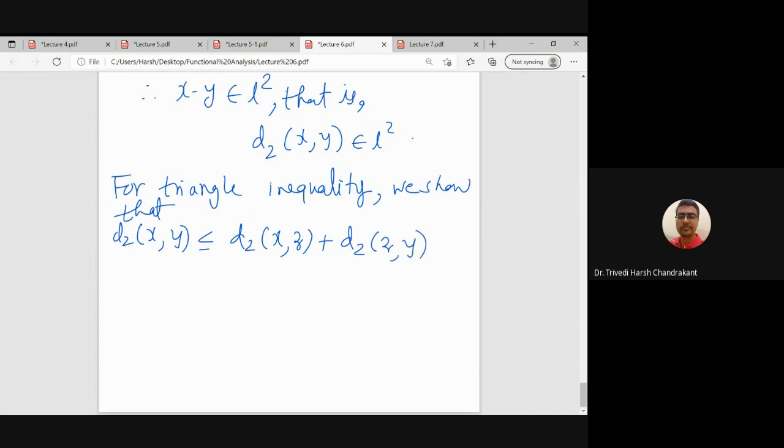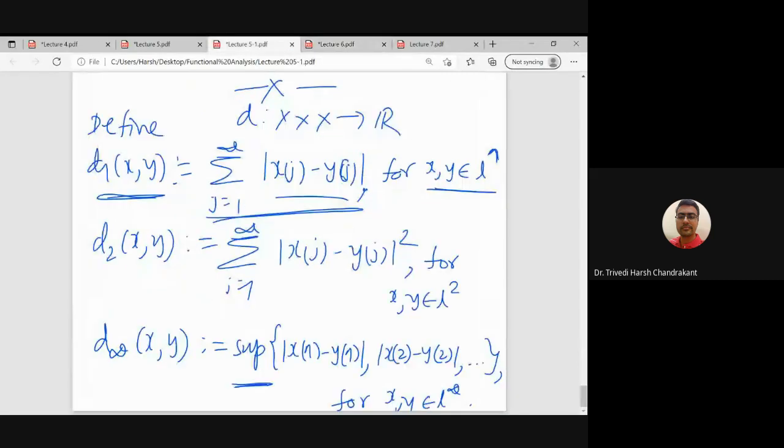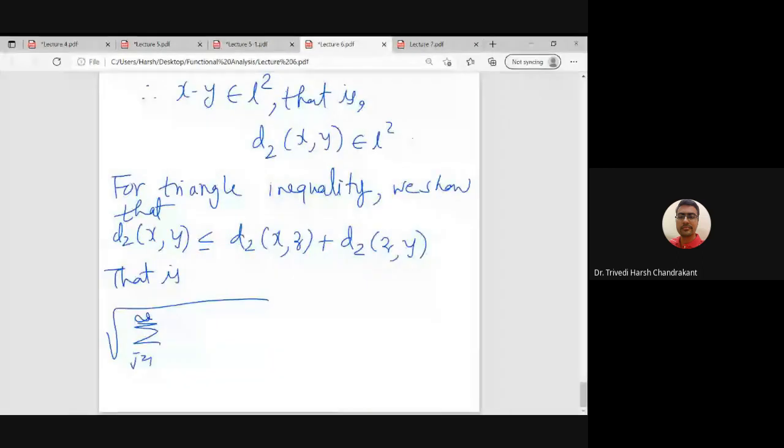So now this means we need to show that square root of summation 1 to infinity. That is what I defined as d2, right? I forgot to write the square root here. So that is the square root of this. So it is the same as the Euclidean distance.